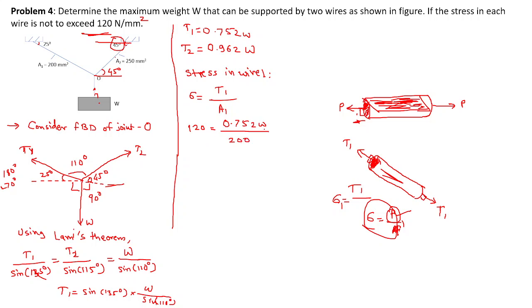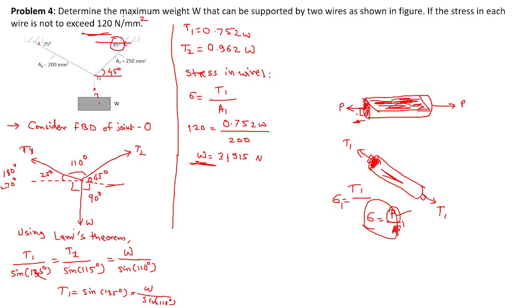All values are there, so we can find W directly by calculator. It will be 31915 Newton. But it is not the final W value, meaning the weight value.